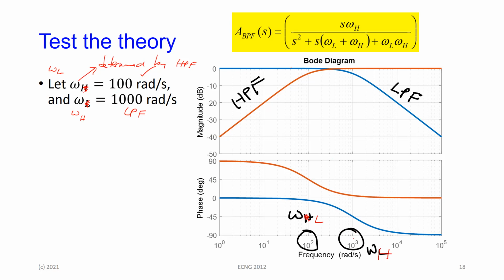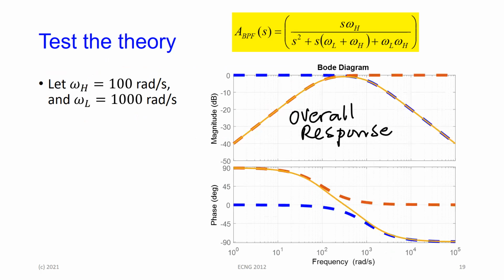Notice the blue line. The high pass filter cuts off at 100 radians per second. That determines the lower bound. So this, the red line, is the high pass filter, cutting off at 100 radians per second. Put it together, and this is what the overall response looks like. My mistake here.